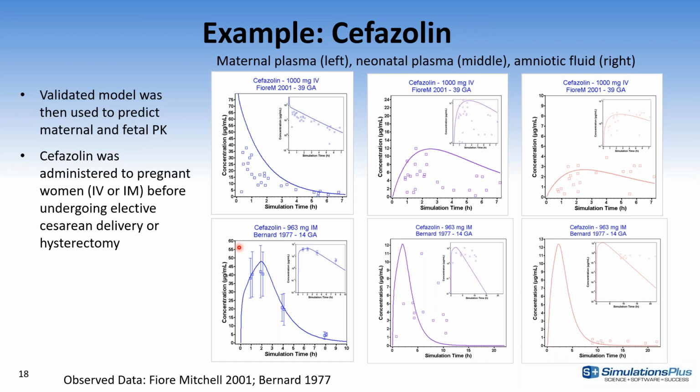It really is not dependent on the administration routes. Anything that you can do with the current PBPK model, you can do with the pregnancy model. And in those terms, of course, environmental chemicals can be covered. It all comes down to how well you can parameterize the different absorption and elimination parameters for the chemical of interest.